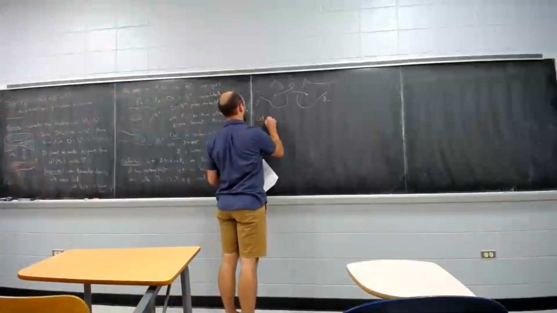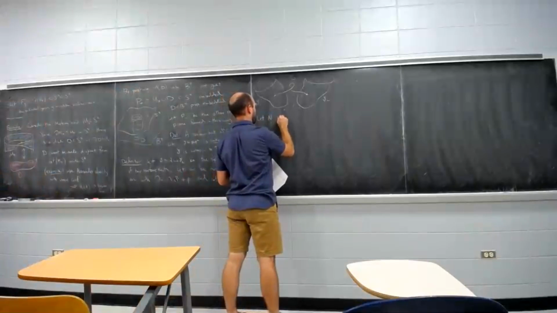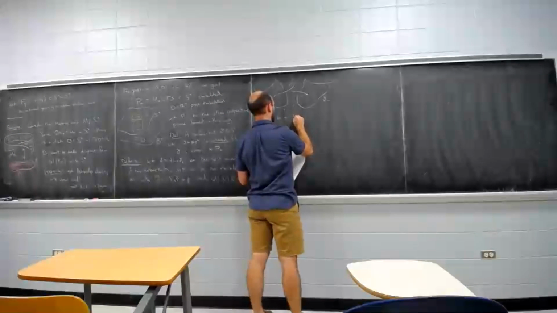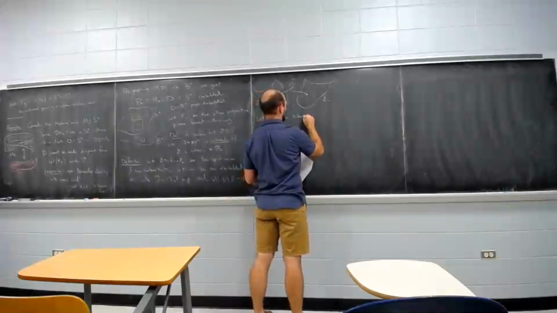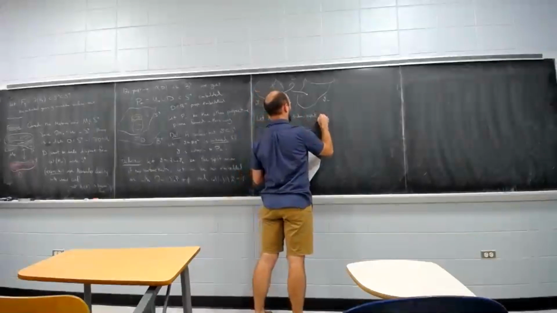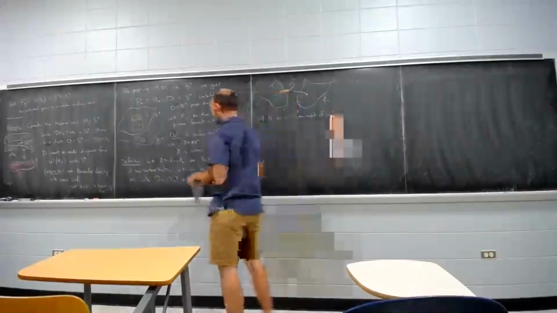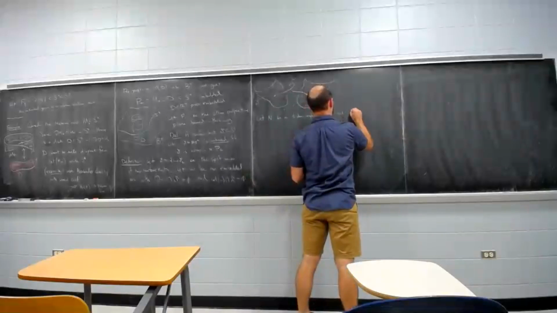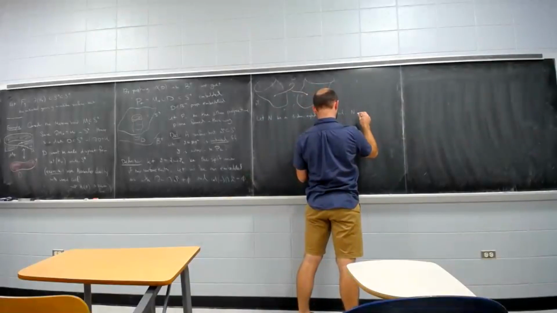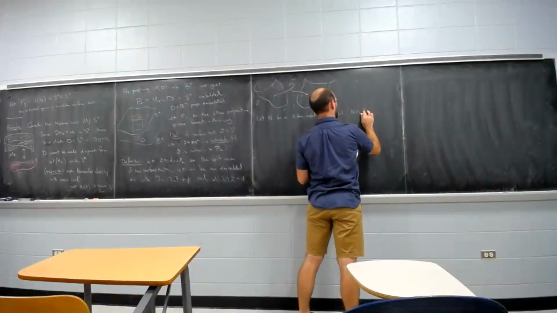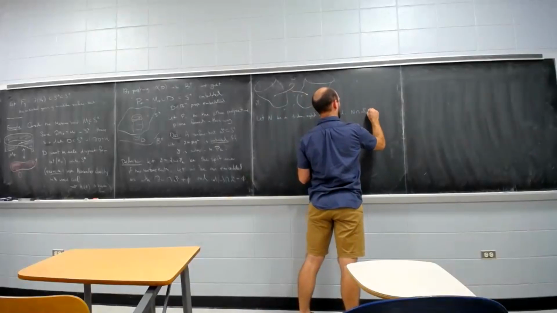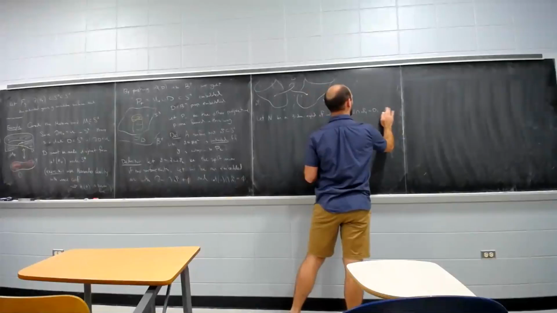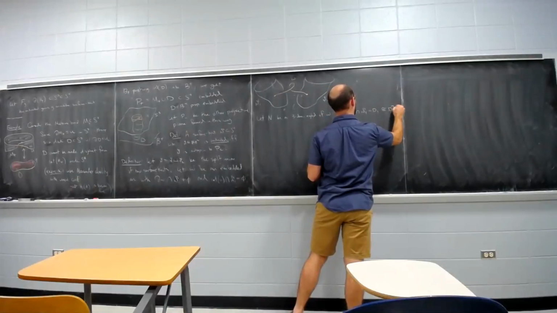Let N be a three-dimensional neighborhood of omega such that N intersect S sub i is a disk.